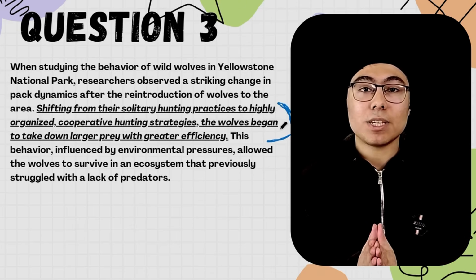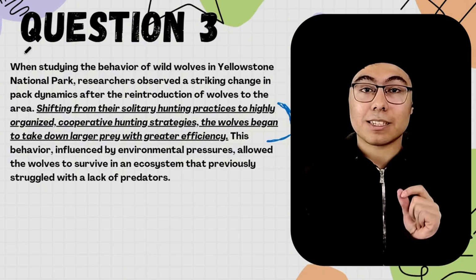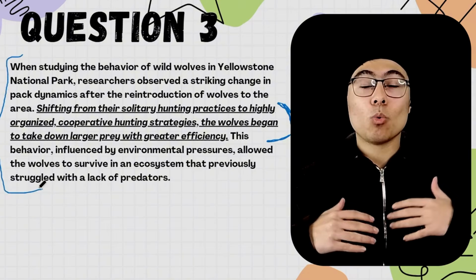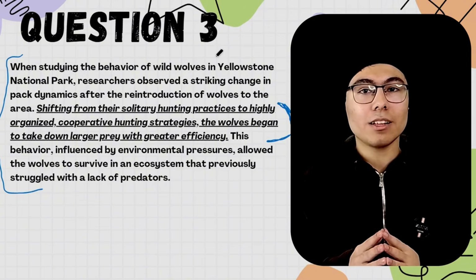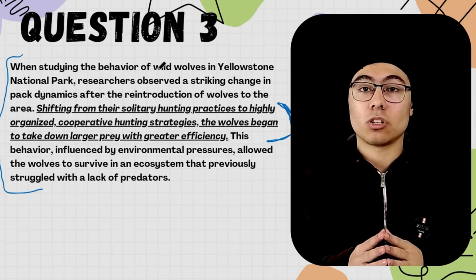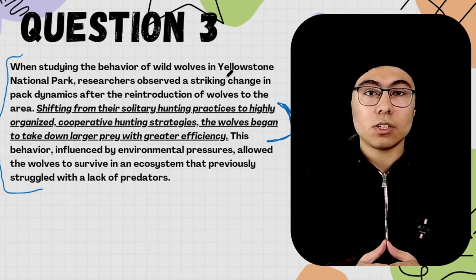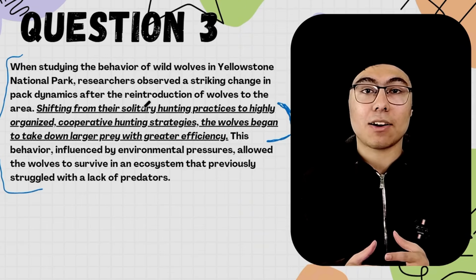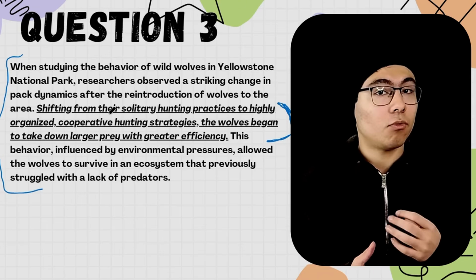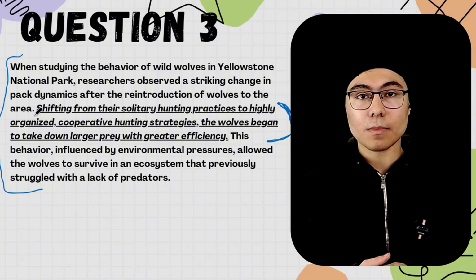So the second step is reading the passage, but this time with awareness. When studying the behavior of wild wolves in Yellowstone National Park, researchers observed a striking change in pack dynamics after the reintroduction of wolves to the area.